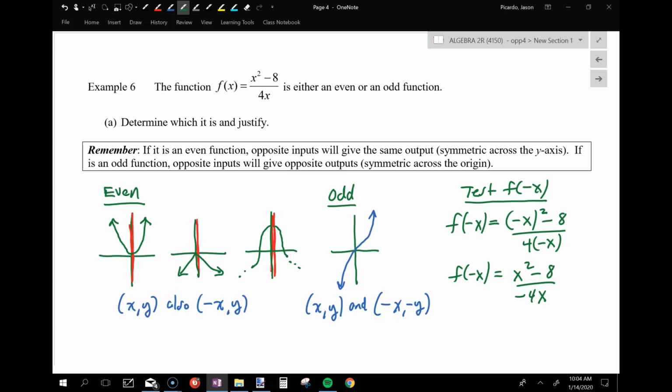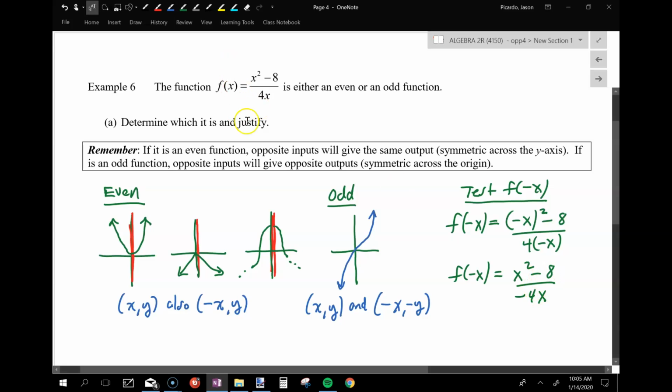Well, the numerator is exactly the same. The top's exactly the same. But what about the bottom? I have 4x and I have negative 4x. So the only difference is the negative 1. Isn't this and this the same, except this has been multiplied by a negative 1? Which means that this is not the same.